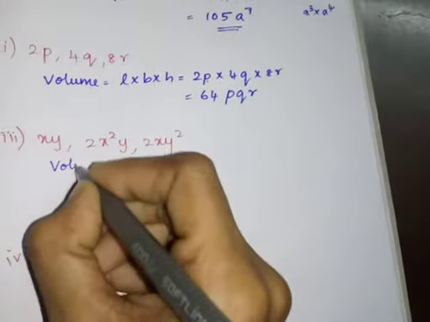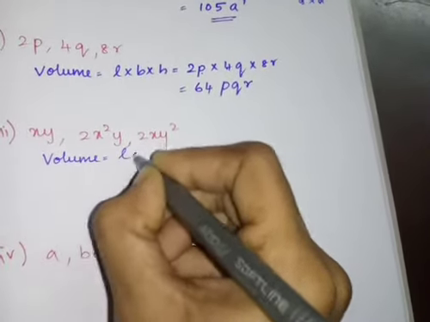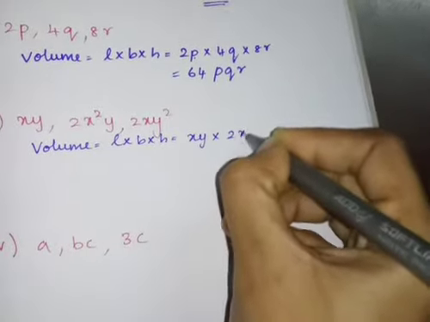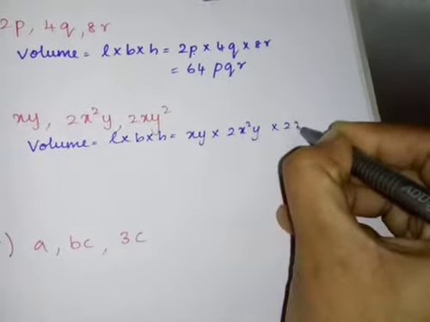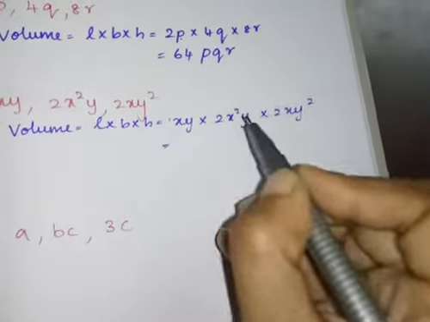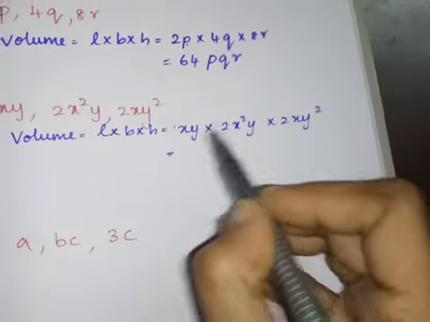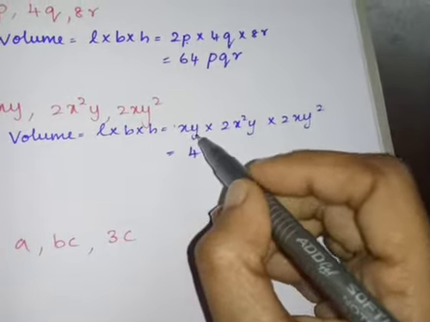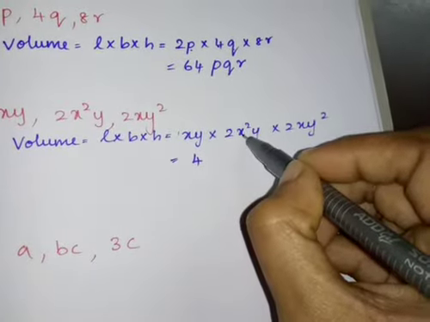Next here, volume is equal to length into breadth into height. So xy into 2x square y into 2xy square. Okay? So here simply xy means that meaning is 1. Correct? 1 into 2, 2. 2 2s are 4. Next, how many x are there? X into x square, x cube.